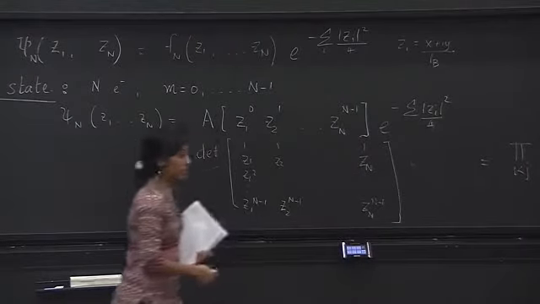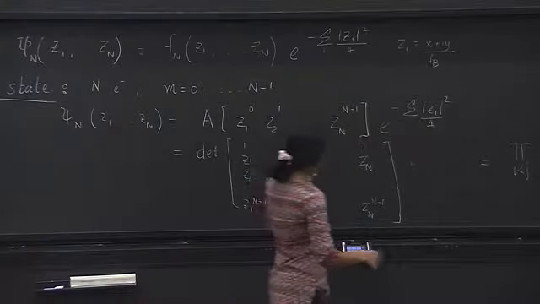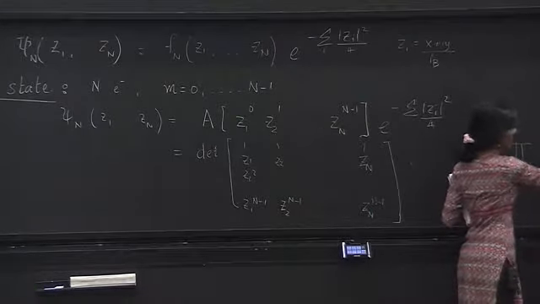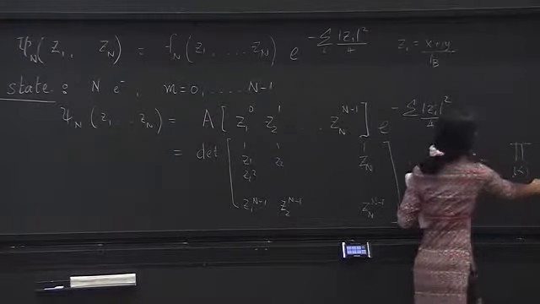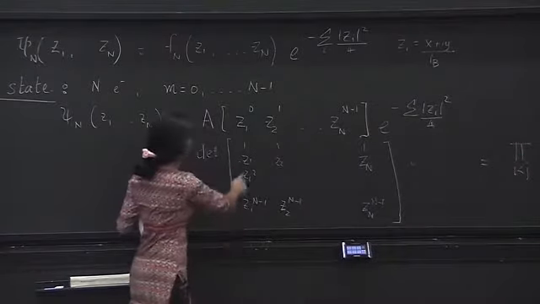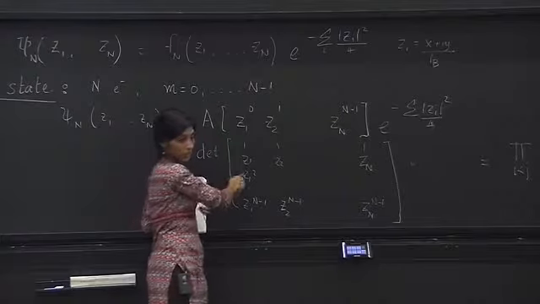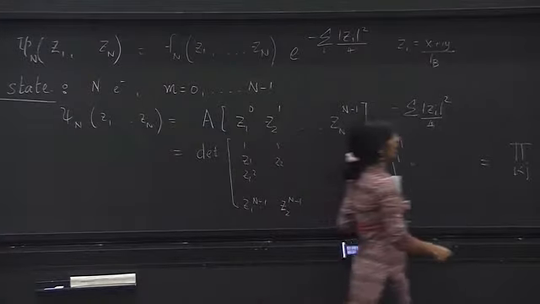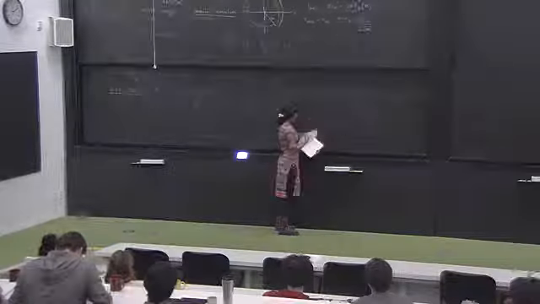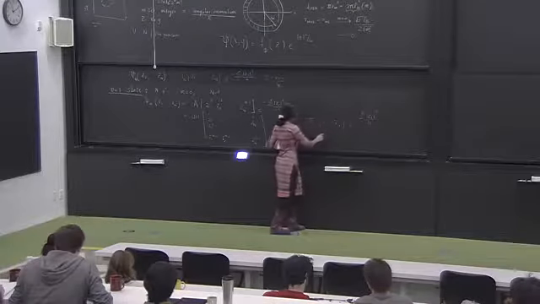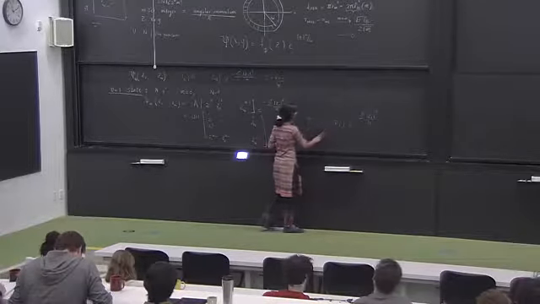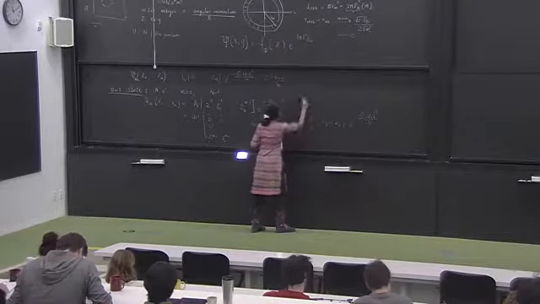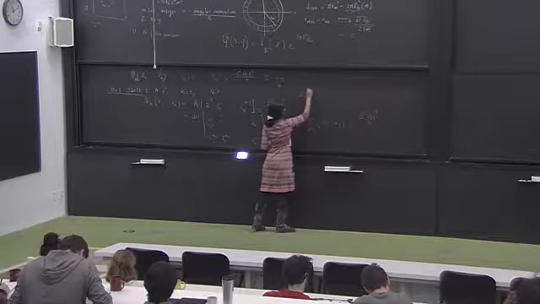Okay, so just to sanity check, when particles i and j are in the same position, this wave function vanishes. That means it's the same thing as setting 2 rows in the determinant equal. Determinant vanishes, anti-symmetrization product vanishes. The highest power of z_i in here is z_i to the power n minus 1.